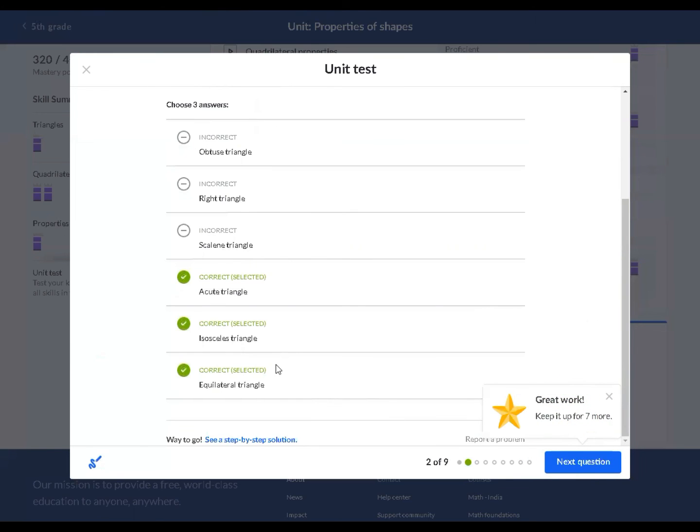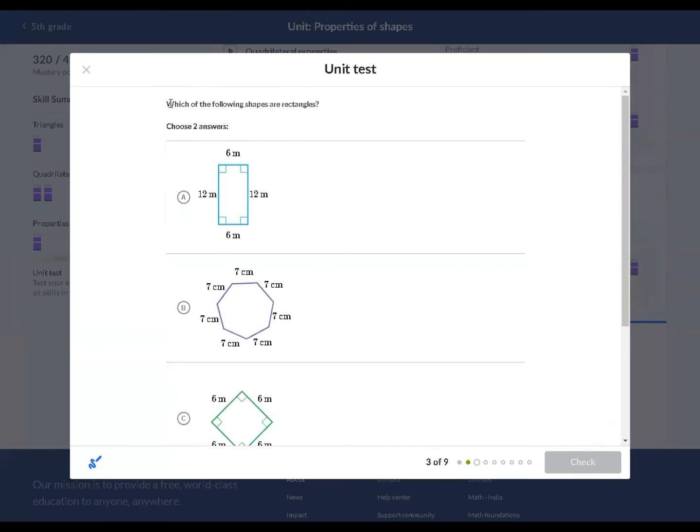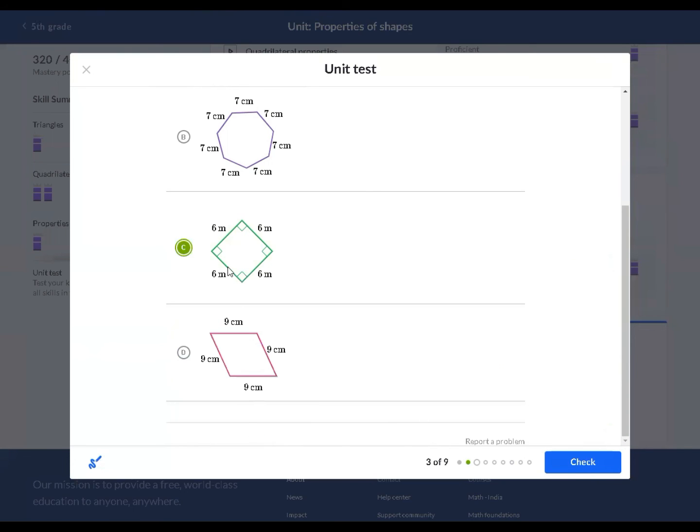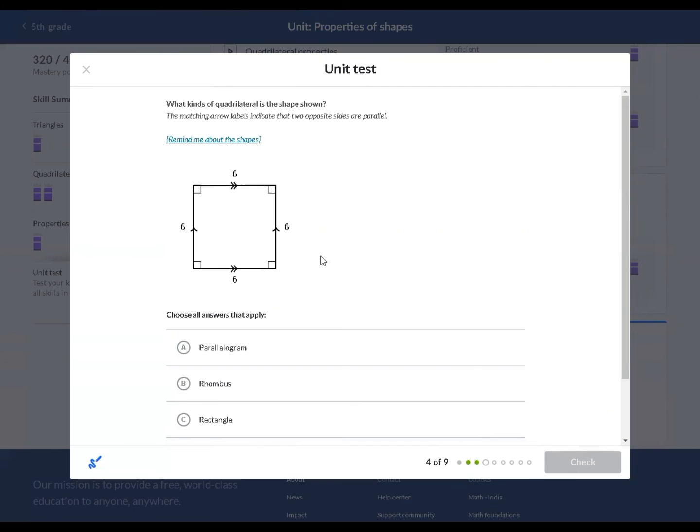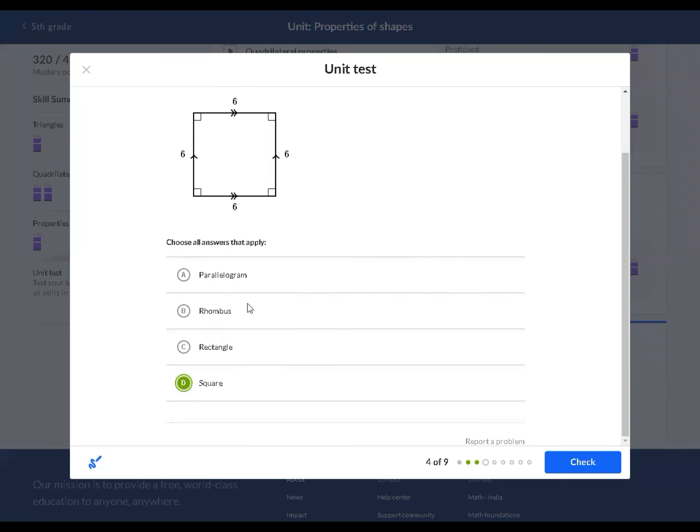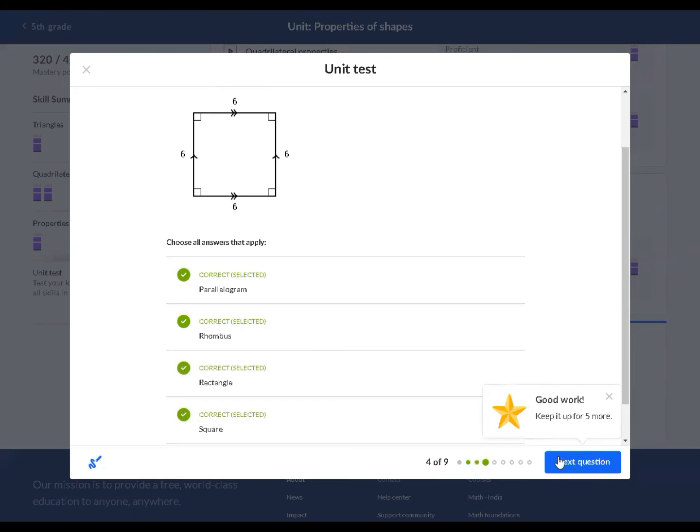Yeah, that was correct. Which of the following shapes are rectangles? So this is a rectangle and this is also a rectangle. Yeah, that was easy. What kind of quadrilateral is the shape shown below? So this is a square, also a rhombus, also a rectangle, and also a parallelogram. So I guess the shape is all. Yeah, we got it correct.